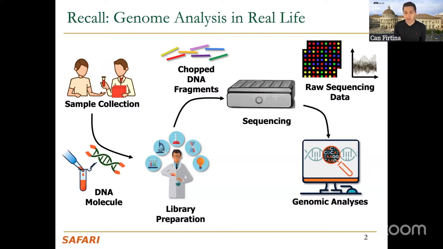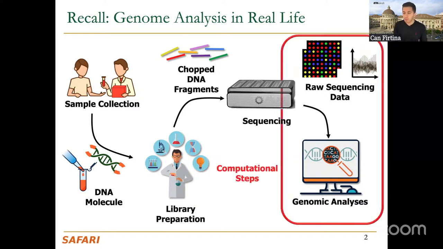Then we will analyze this raw data, usually by first translating it to ATGCs using a computational step called basecalling. The next steps will use this basecalled data to do the analysis. But there are also some other computational approaches that can directly analyze this raw data. Almost all of the computational steps essentially lie in between these two regions.